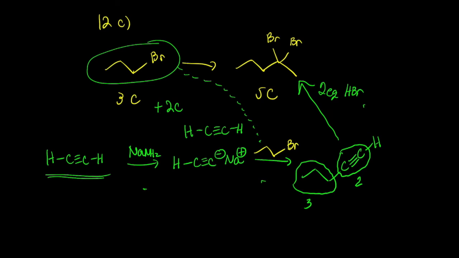Now 12.4 is probably the most important section of the whole book. It's basically about synthetic strategy. Number 1 says, is there a change in the carbon count? So first you count carbons. And if there's a change, think about using acetylene or an alkyne at this point, or ozonolysis to remove a carbon.